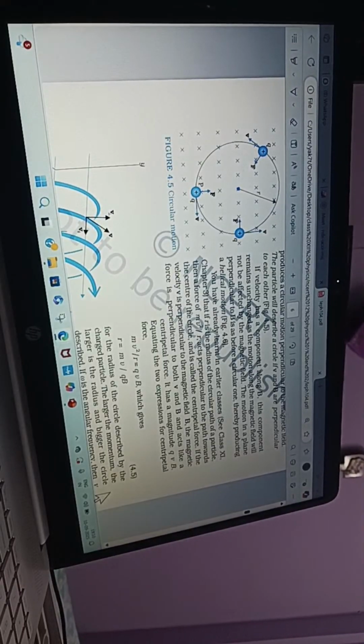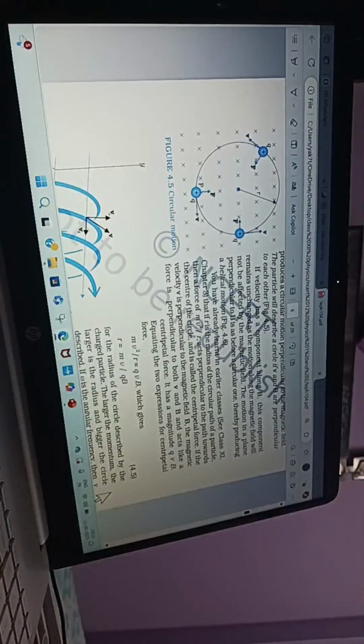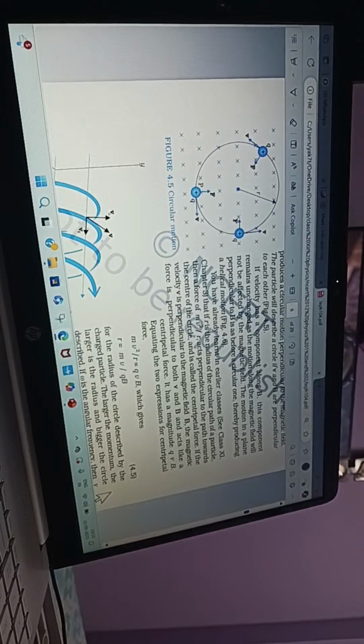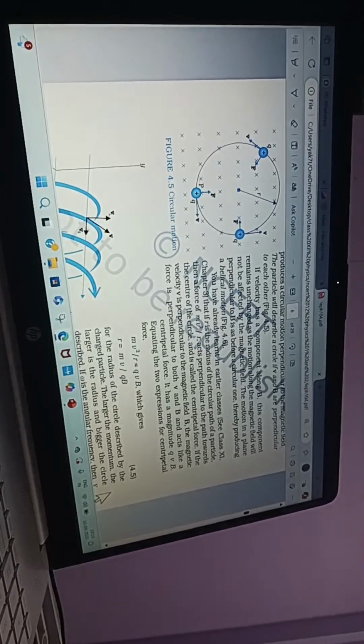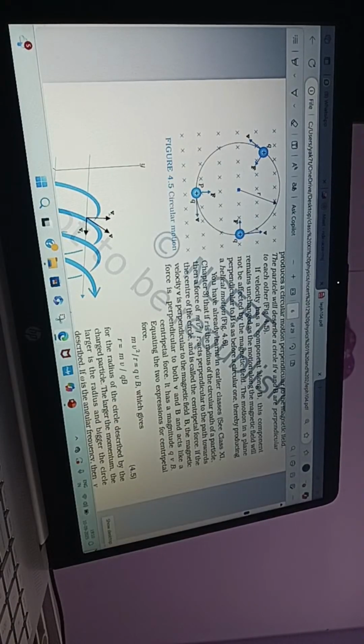Then one question they will ask you is to derive the expression for the radius of the charged particle moving in a uniform circular motion in the magnetic field.